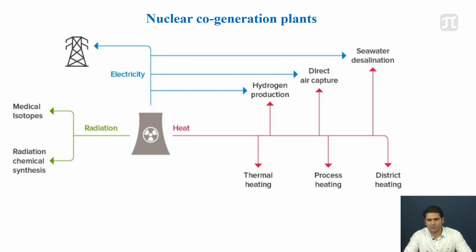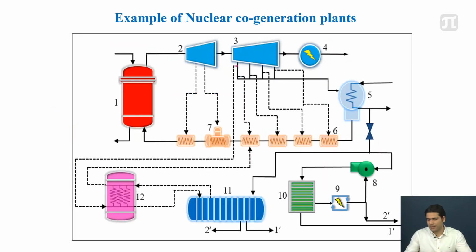At the same time we can produce electricity, and this electricity can be given to the grid or the network of the city, or to, for example, a seawater desalination plant or nuclear hydrogen production. So you can see we have many different applications for nuclear power plants.